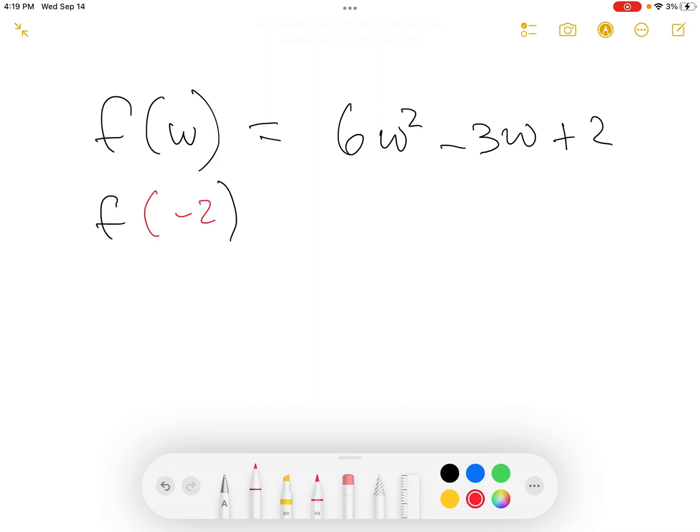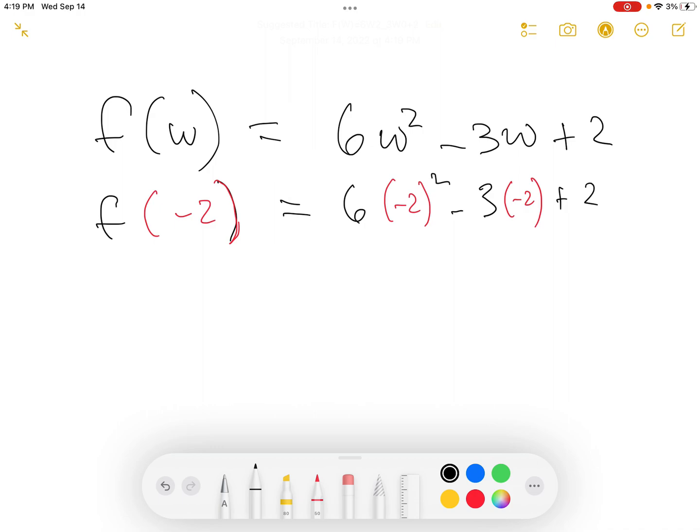What that means is in this equation, wherever I see w, I'm going to replace it with negative 2. Everything else stays exactly the same. So that minus sign comes down, the 3 comes down, but here instead of the w, we're doing negative 2. But then the plus comes down, the 2 comes down. So everything is exactly identical except for the negative 2.